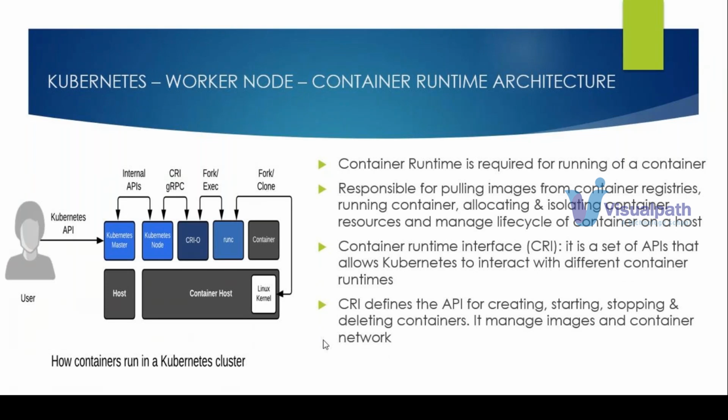Till Kubernetes version 1.23 we were using Dockerd, but post 1.24 we need to switch to containerd. It still has backward compatibility with all the Dockerfiles we have written for Docker.